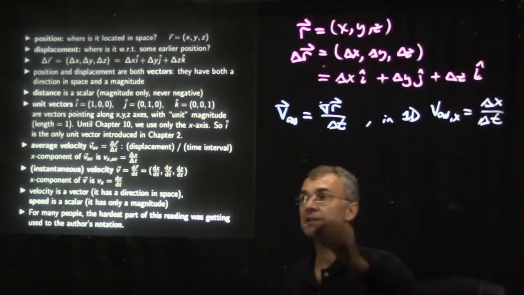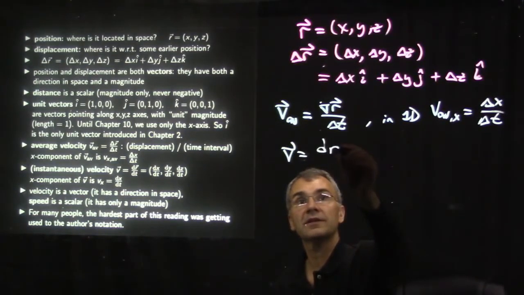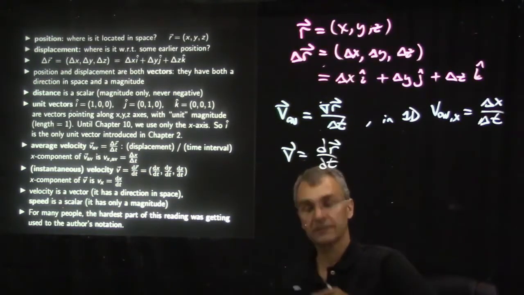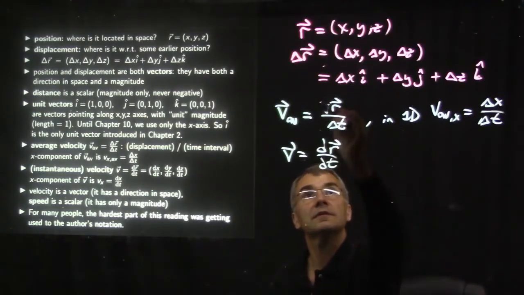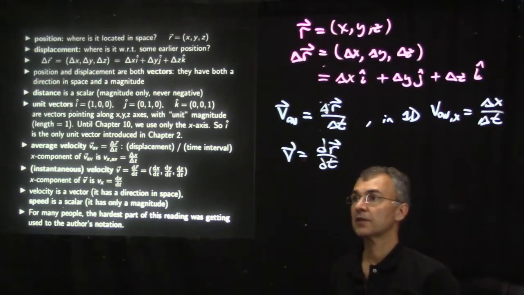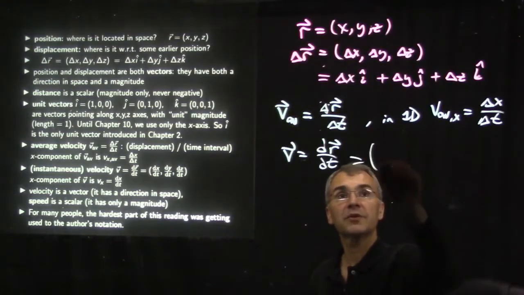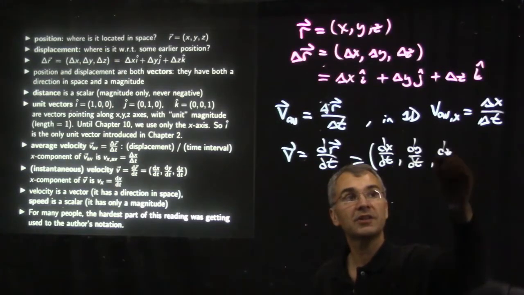Instantaneous velocity is dr/dt. So that would have components dx by dt, dy by dt, and dz by dt.